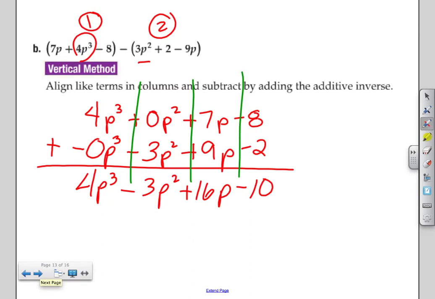And that looks like it. We're in descending order with our exponents. And our leading coefficient is 4. Our degree of this polynomial is 3.